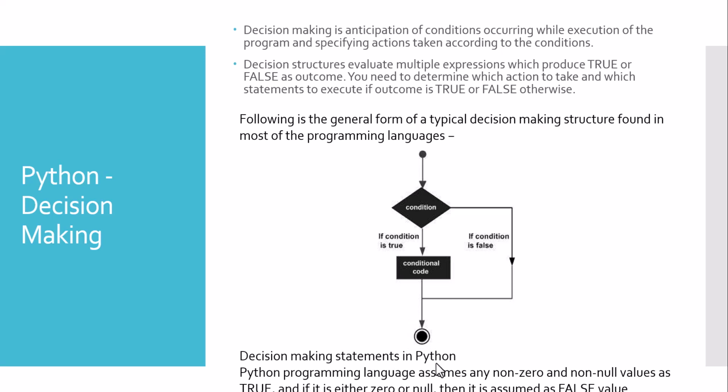Decision making statement in Python programming language assumes any non-zero or non-null values as true. Okay, and if it is either 0 or null, then it is assumed to be false. Basically it is in all programming, like maximum programming languages like this. If non-zero or non-null, then it will give the true. If it is a 0 or null, then it will give the false.